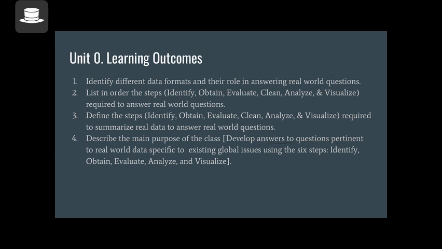So one main thing is you should be able to describe the main purpose of this class, which is to develop answers to questions pertinent to real world data specific to global issues using these 6 steps, namely identify, obtain, evaluate, clean, analyze, and visualize data.